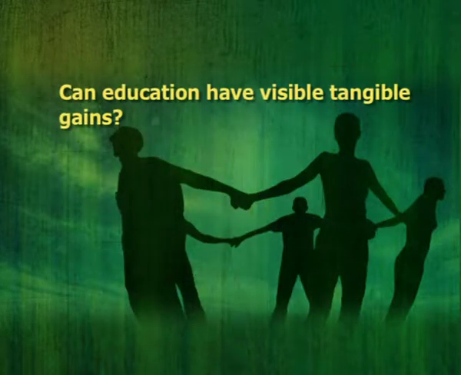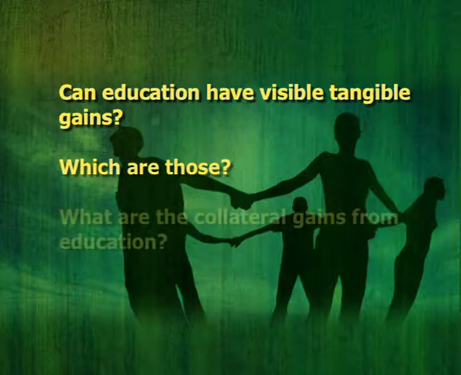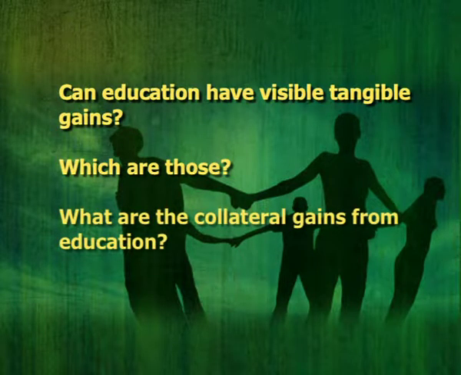Now the question is, can education have visible, tangible gains? Which are those? And what are the collateral gains from education by itself? Education improvements should surely lead to an improvement in the economic and social conditions.